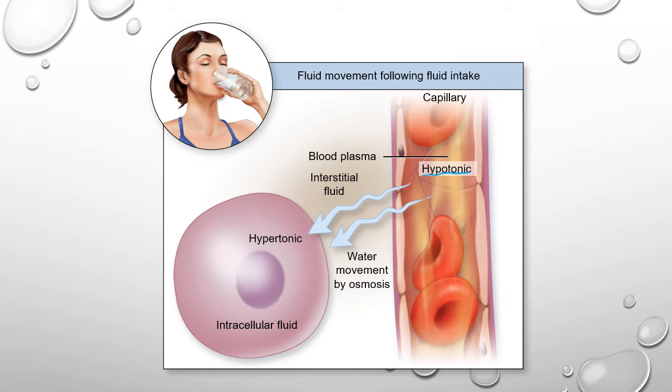And we know that when we have a membrane and two different solutions on either side, the water is going to want to move towards the hypertonic solution. It's going to try and dilute that fluid compartment. And so it's going to move into the cells, and the cells are then going to start to increase in size. They're going to potentially start to swell up as this is occurring.